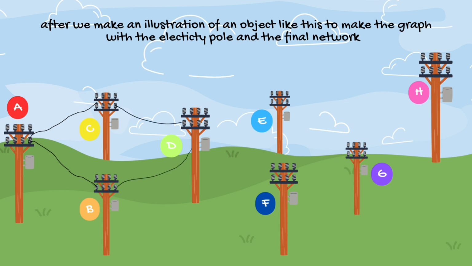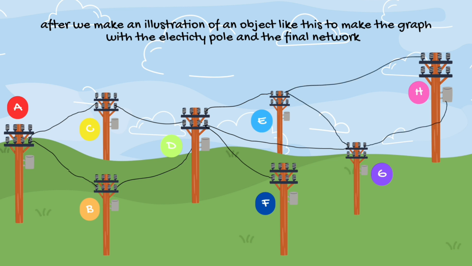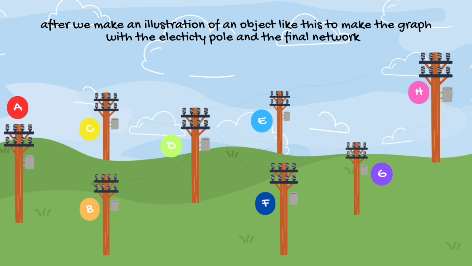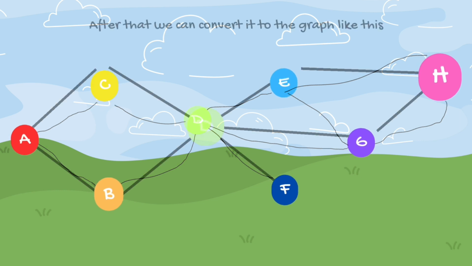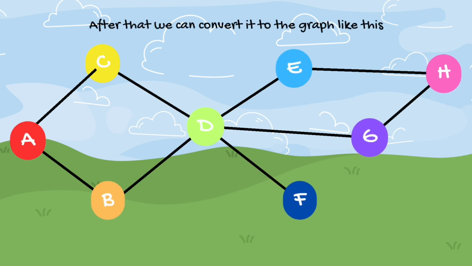After we make an illustration of an object like this, with the electricity poles and the final network, like you can see in this video, we simplify by only showing the network like this. And after that, we can convert it to the graph like this.